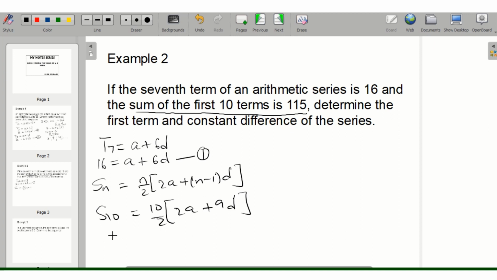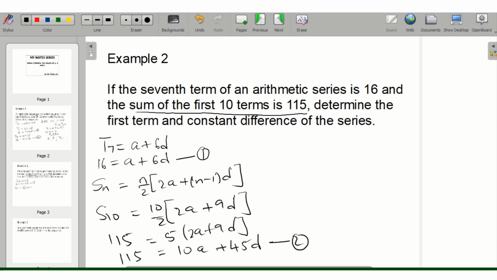So this sum of 10 is 115. 10 divided by 2 is 5. This is 2a plus 9d, and this is 115. 5 times 2, that's 10a. 5 times 9, that's 45d. This is the second equation.